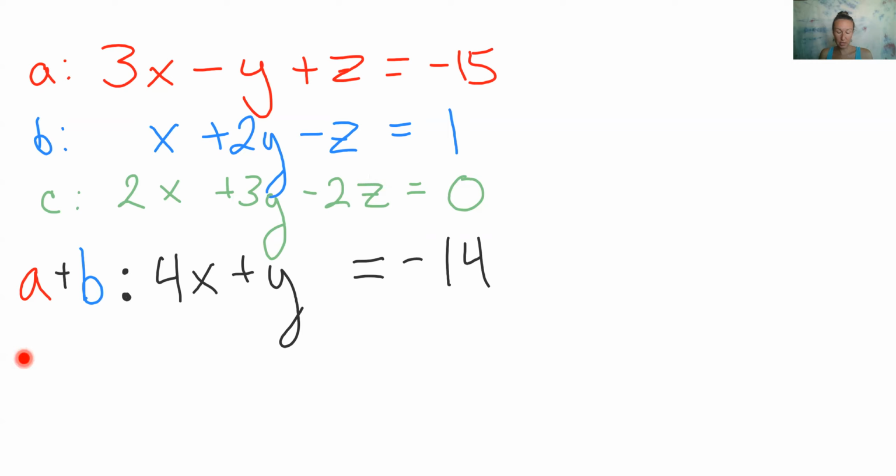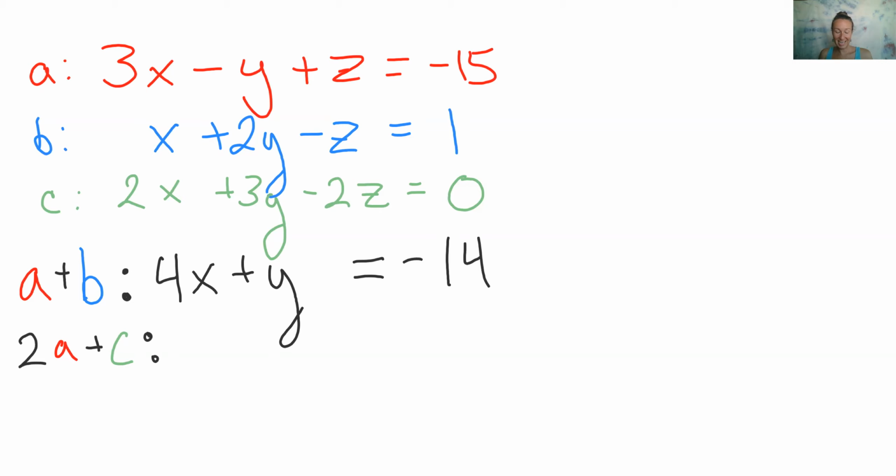So I'm going to go 2 times A, and then I'm going to add that to equation C to get ourselves another new equation. So 2 times A plus C. So 2 times 3x is 6x plus 2x.